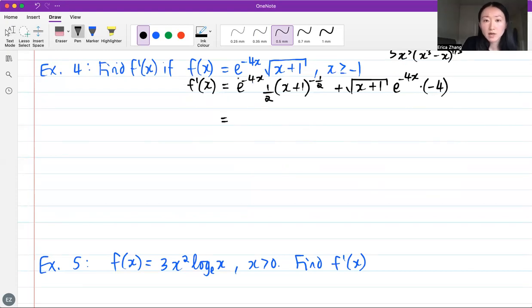Therefore, we notice that e to the negative 4x appears as a common factor, which we can put in the front here. And let's rewrite this as 1 over 2 root x plus 1 minus 4 root x plus 1.